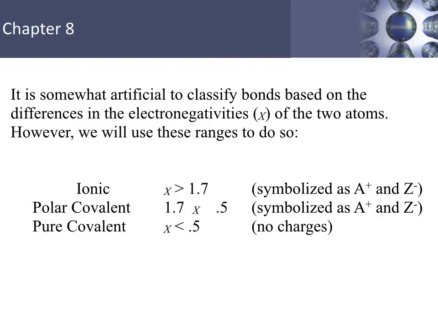If the difference between electronegativities is somewhere between 0.5 and 1.7, then we will call that a polar covalent bond. That is when they are sharing electrons, but the distribution of the electrons is somewhat unequal. If the difference in electronegativity is less than 0.5, we will consider it a pure covalent bond, meaning that they are sharing electrons.